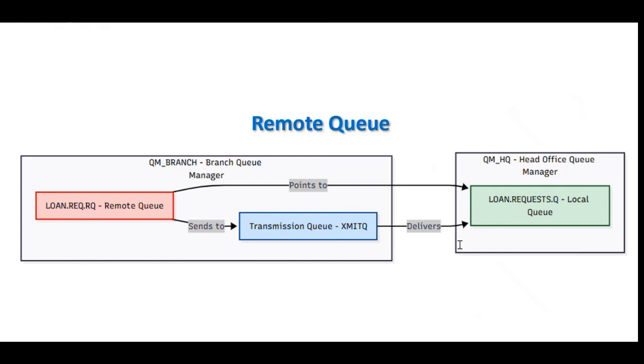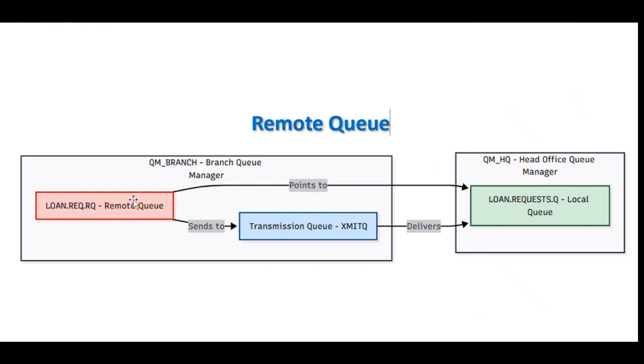It does not actually hold any messages, but instead it contains the target queue manager's details. This remote queue contains the details of the target, which is head office. So queue manager HQ and loans request queue. These two details are stored in the remote queue. It basically points to the target queue manager.